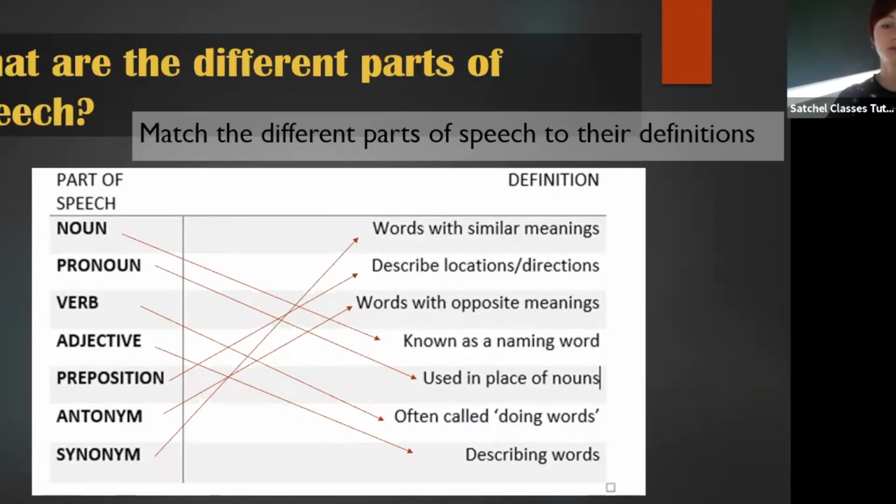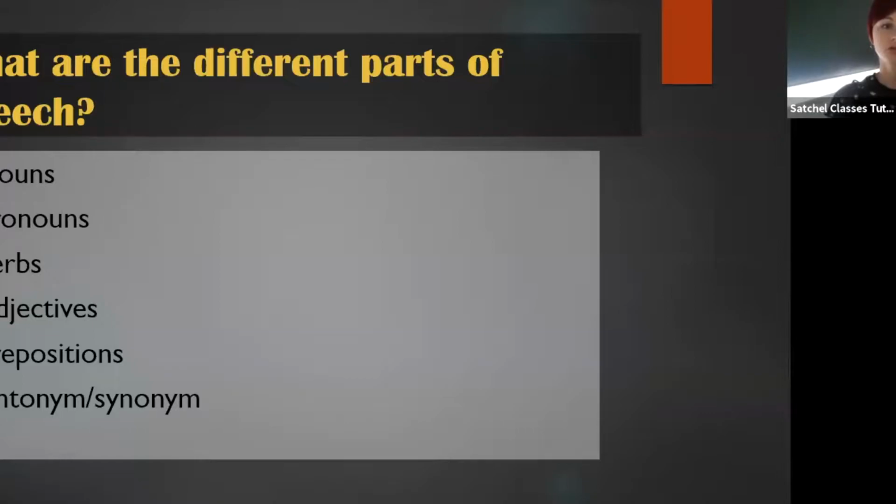Antonyms are words with opposite meanings, so hot, cold, night, day. And synonyms are words with similar meanings, so calm, tranquil, cold and freezing, things like that. So again, these are the different parts of speech. There's nouns, pronouns, verbs, adjectives, prepositions, antonyms, and synonyms, and that's what we're going to be focusing on today.